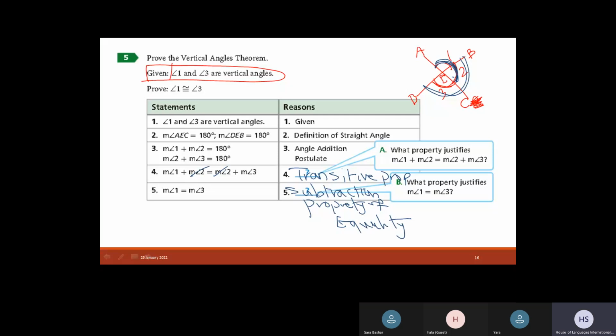She said that I will subtract measure of angle 2 from both sides. So that means I use the subtraction property. And then measure 1 equals measure 3 with the definition of congruence. Bravo. Thank you.